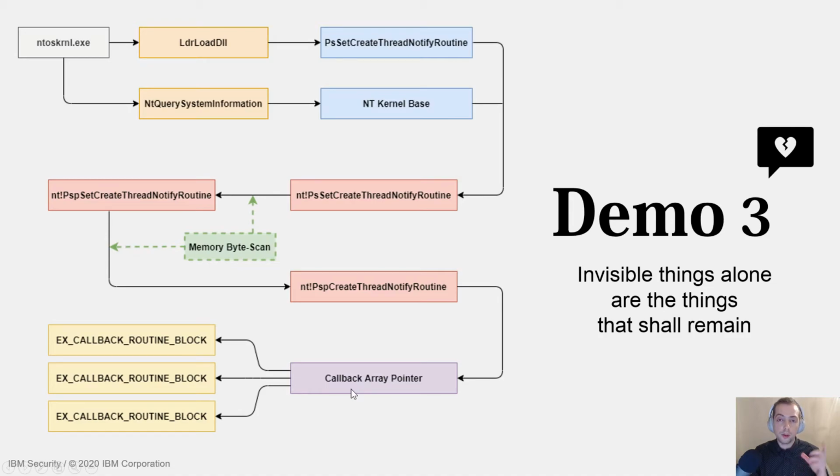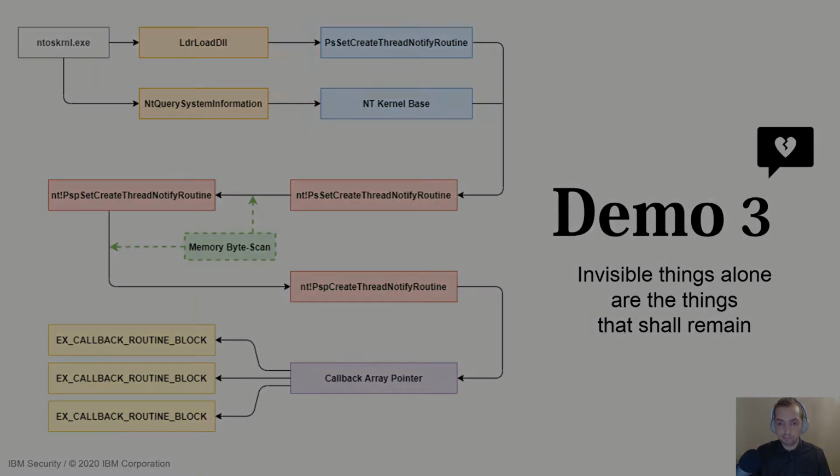An array of callback structures, this purple block here. This purple block is basically the start of an array of those structures, and those structures are these yellow blocks here, the ExCallbackRoutineBlock. Now the details are not too important here, but just to give you an idea of how those leaks work. So let's jump into the last demo and see what that looks like.